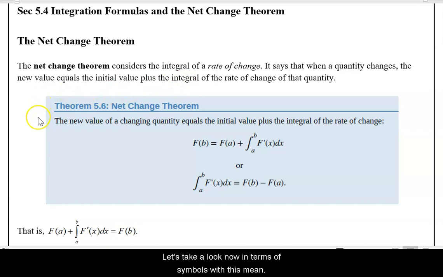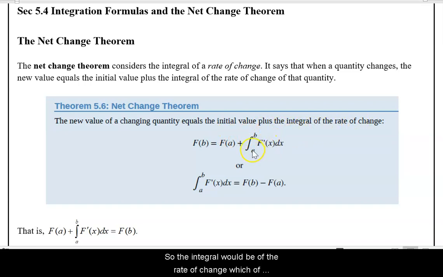Let's take a look now in terms of symbols what this means. Again, the new value, which from the definite integral is given as uppercase F of b, is equal to the initial value, which is uppercase F of a. Remember that a is the initial value, plus the integral of the rate of change.